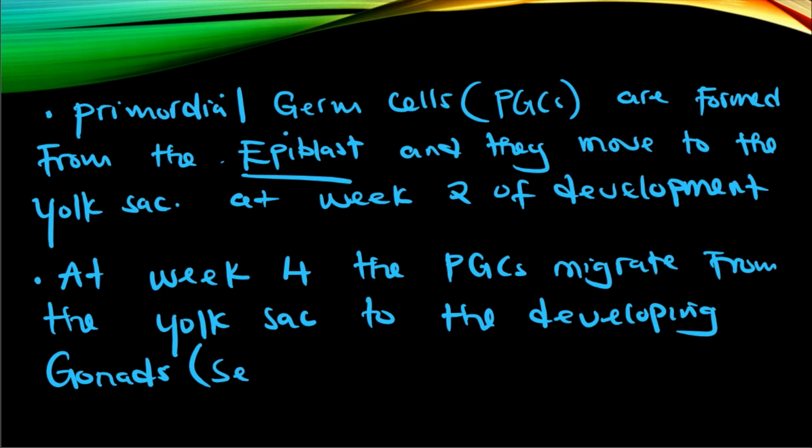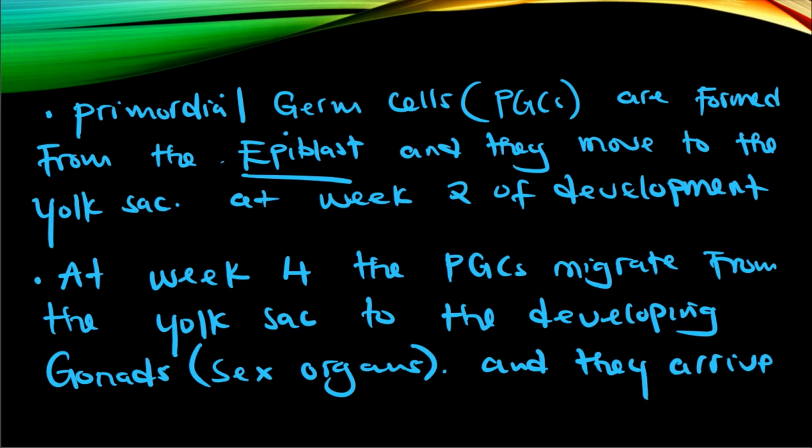We said gonads are simply sex organs. All right. So that's at week 4. And they arrive at the end of week 5.